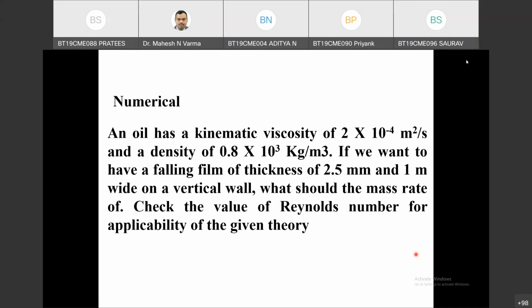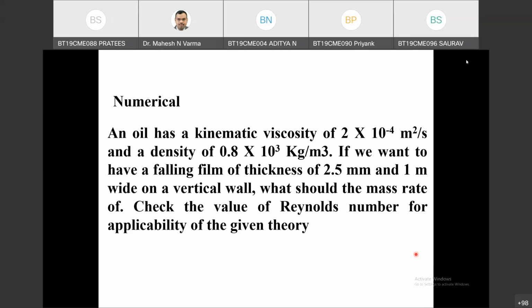Kinematic viscosity is given. This is viscosity divided by density, and density is given, so you can calculate the viscosity. So, a falling film of thickness 2.5 mm and 1 meter wide.